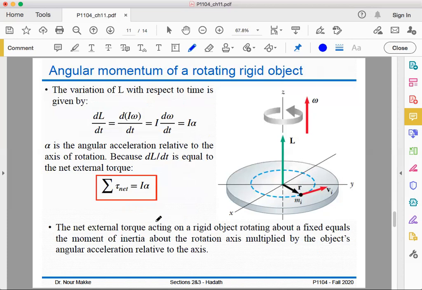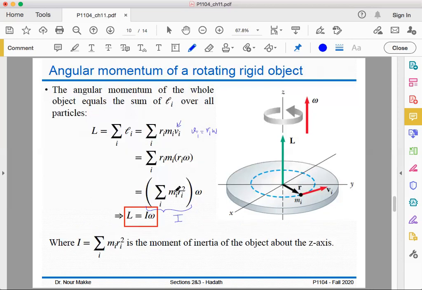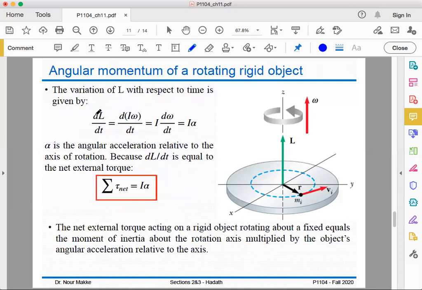Now, can we actually derive Newton's second law from this definition? That's the question. Let's try to do it. The variation of L with respect to time is given by, we substitute its value, I times omega. So I doesn't change as a function of time, because we said we are dealing with a rigid body and the mass distribution doesn't change with time, so I stays the same. That means the particles don't change their locations with respect to each other and also with respect to the axis of rotation.